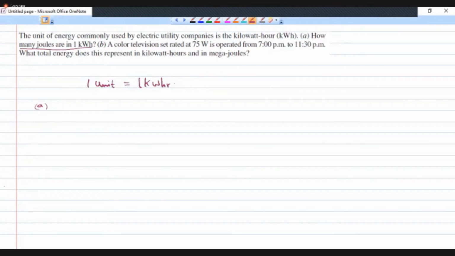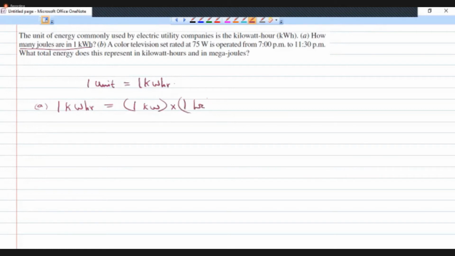So what is 1 kilowatt hour? 1 kilo means 1 into 10 power 3 joules per second, right? Because the unit of watts is joule per second. I will split this and write: 1 kilowatt hour is equal to 1 kilowatt into 1 hour.